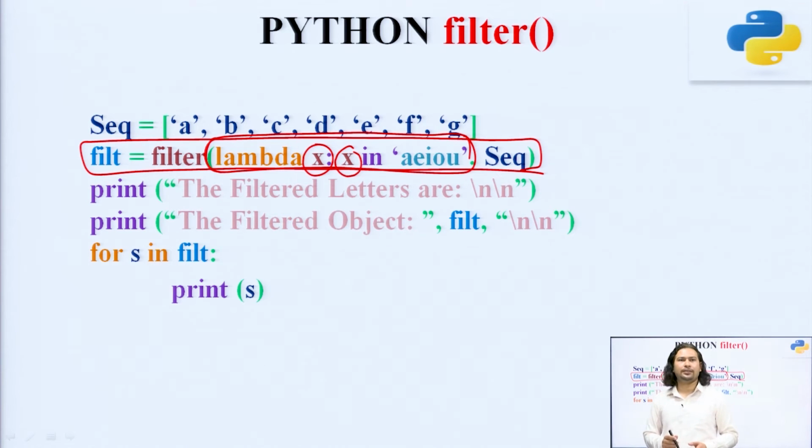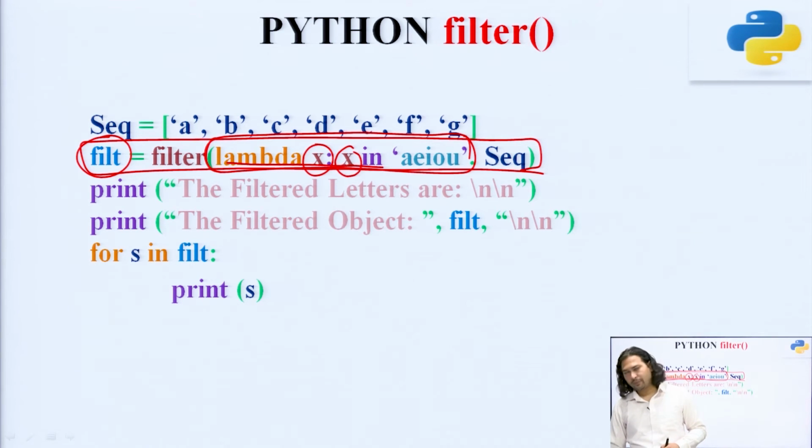You can see that the beauty of lambda is to reduce the number of lines of code into a single line. Here it is the same filter object, but the difference is this lambda function. The lambda function makes a huge difference between a full function and a single-line function.